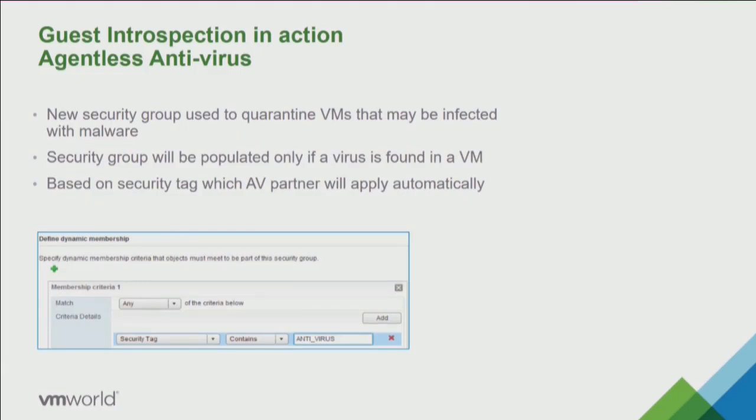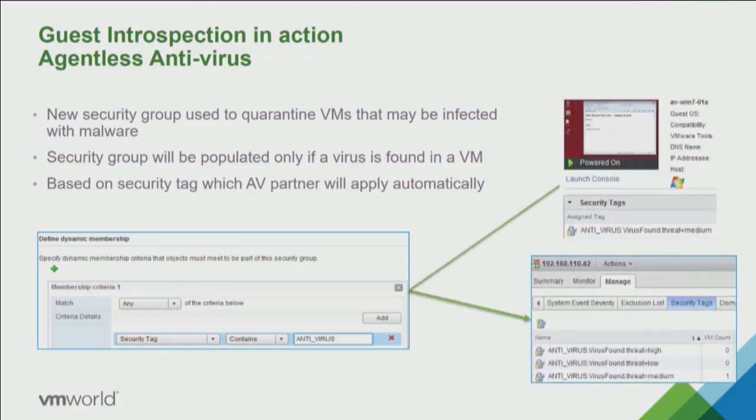Let's take a quick look at how this works for the agentless antivirus use case. That's probably the most common one here. In this case, we've defined a group, and the membership criteria we've defined is that it says virus found, and that's pretty much all we're going to say. I think in this case we called it Antivirus. Now we find a virus on that host.